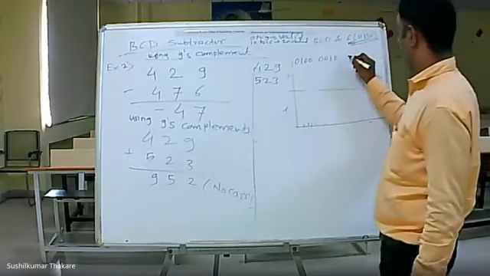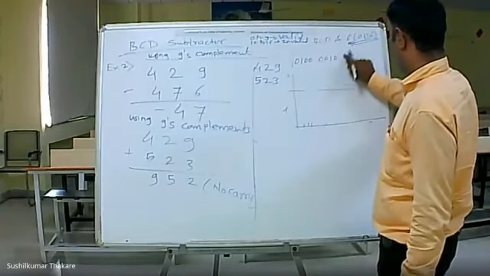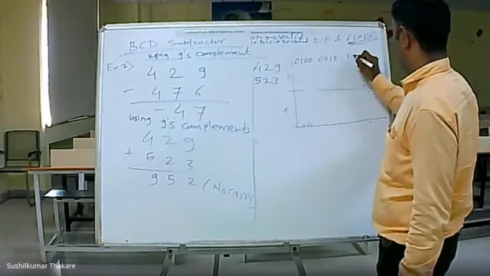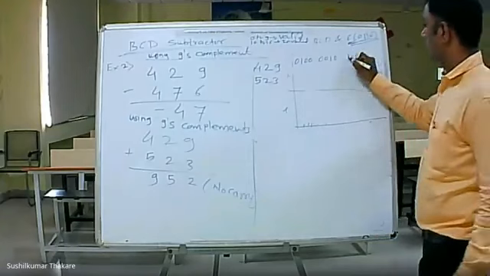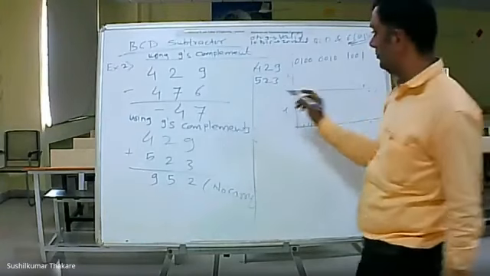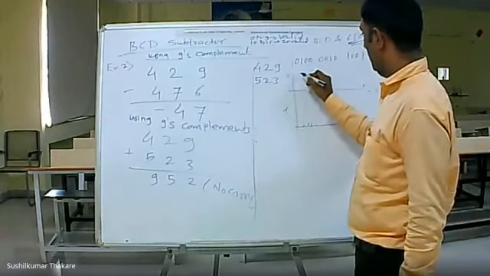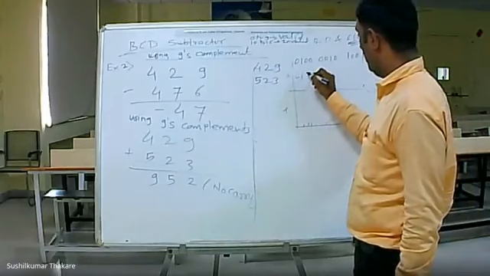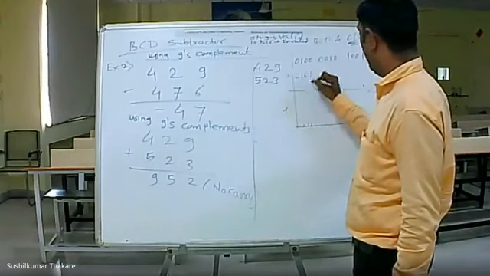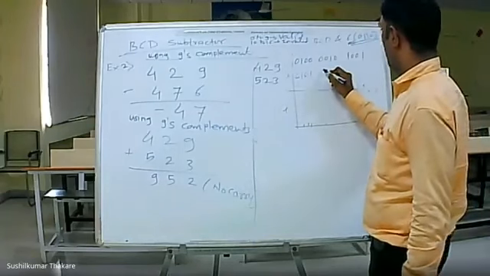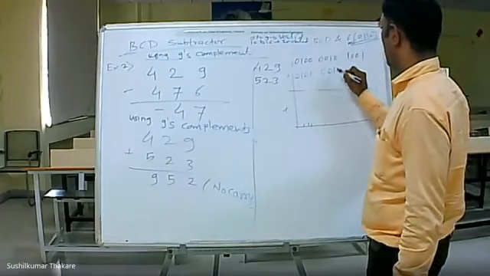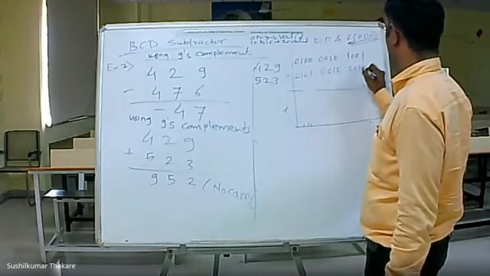What is 9? 1, 0, 0, 1. What is 5? 0, 1, 0, 1. What is 2? 0, 0, 1, 0. What is 3? 0, 0, 1, 1.